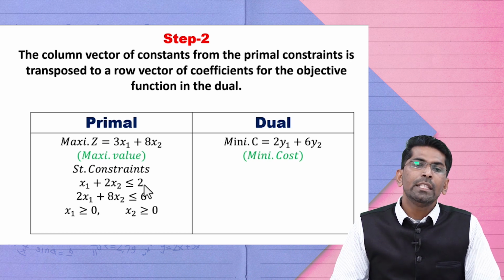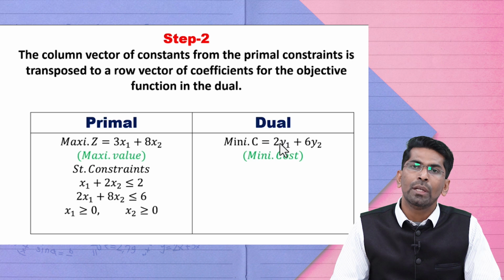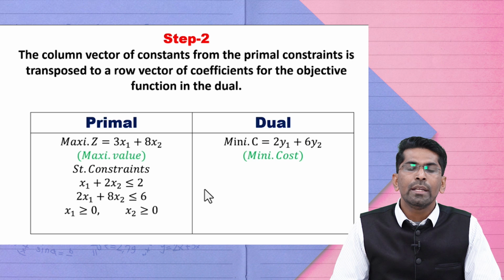So the constant from constraint number 1 is 2, and from constraint number 2 it is 6. These two constants now become the coefficients of the objective function in the dual problem. So the minimization of cost is equal to 2y1 plus 6y2. This constant has now become the coefficient of the objective function. So this is the second step.